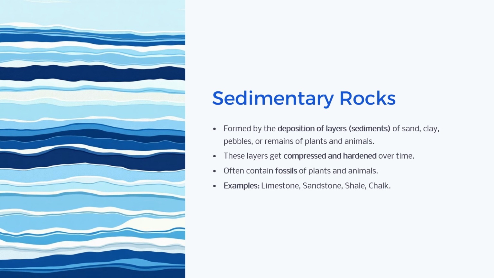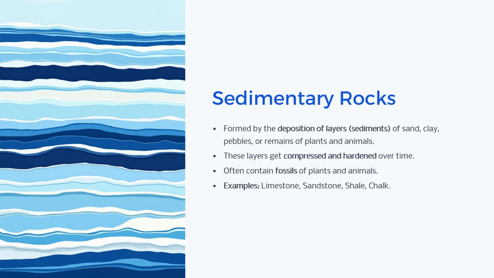Students, over millions of years, these rocks form layers and get pressed and cemented together to form hard rocks. For example, sandstones are made from sand particles and are mainly used in buildings and statues.